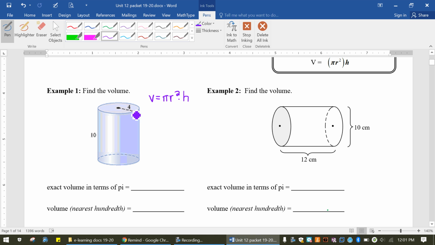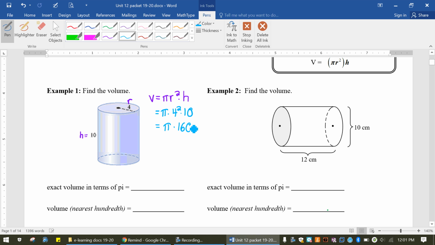So the radius of our circular base is 4, and the height, which connects the circles, is 10. So we're going to substitute these values into our formula. So pi times 4 squared times 10. So 4 squared is 16, times 10 is 160.